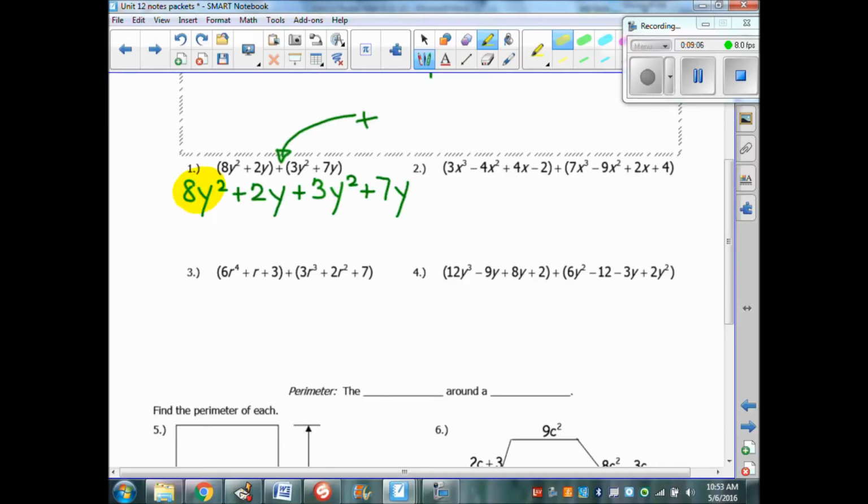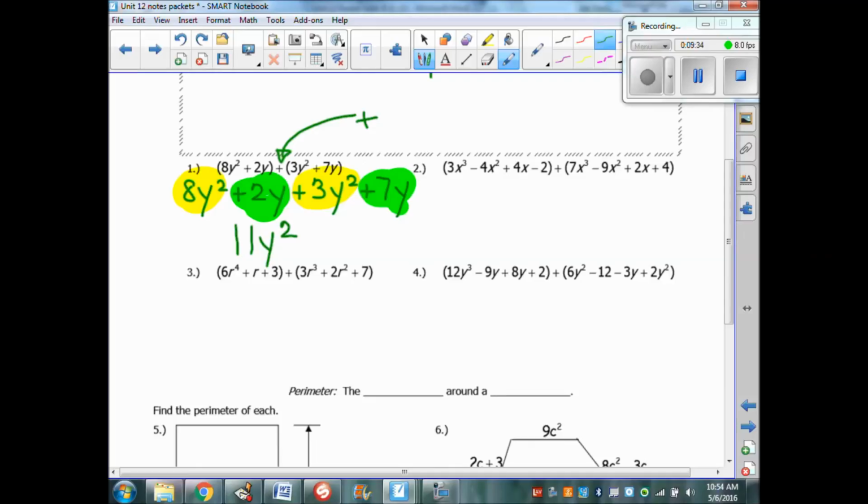So 8y squared is the same as a positive 3y squared. And then plus 2y is the same as a plus 7y. Now let's do exactly what we've highlighted. 8y squared plus 3y squared, what I've highlighted in yellow, when I combine those, that's going to be 11y squared.